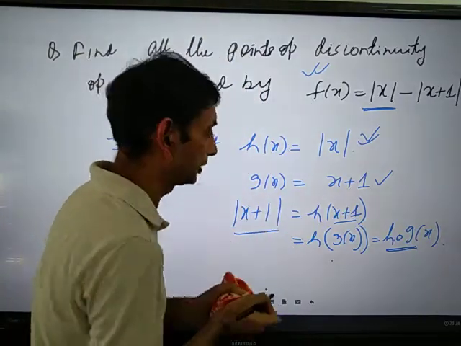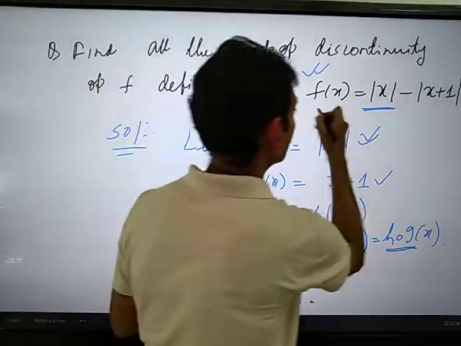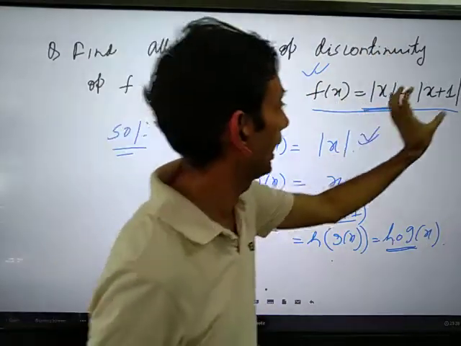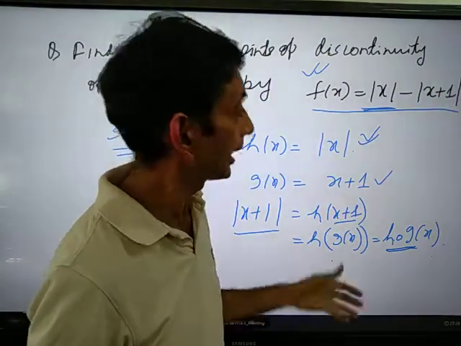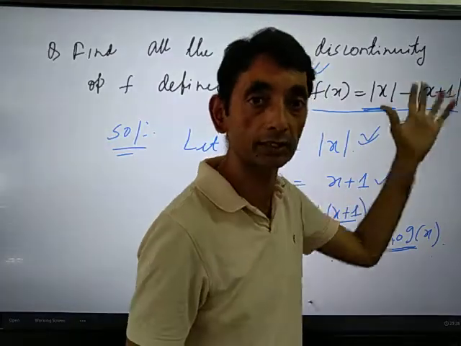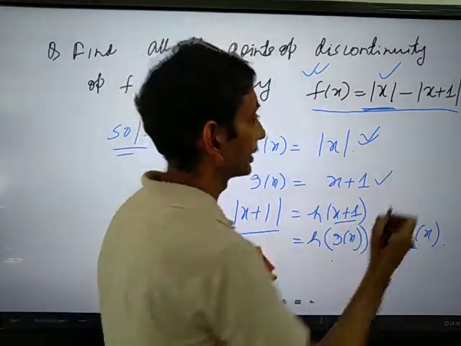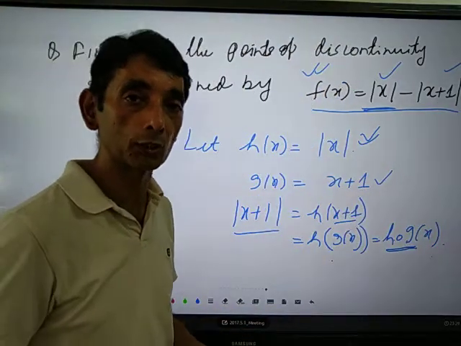Therefore, mod x plus 1 is continuous. So see the question: mod x is a continuous function, and mod x plus 1 we have now proved is also continuous. In fact, we know mod x plus 1 is a continuous function, and the difference of two continuous functions is always continuous.